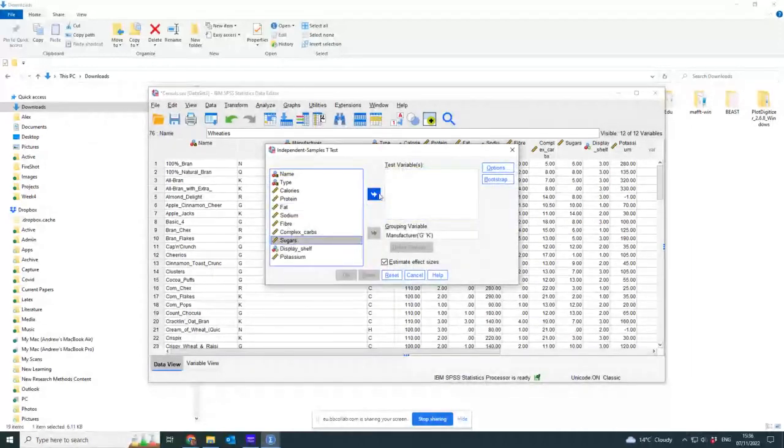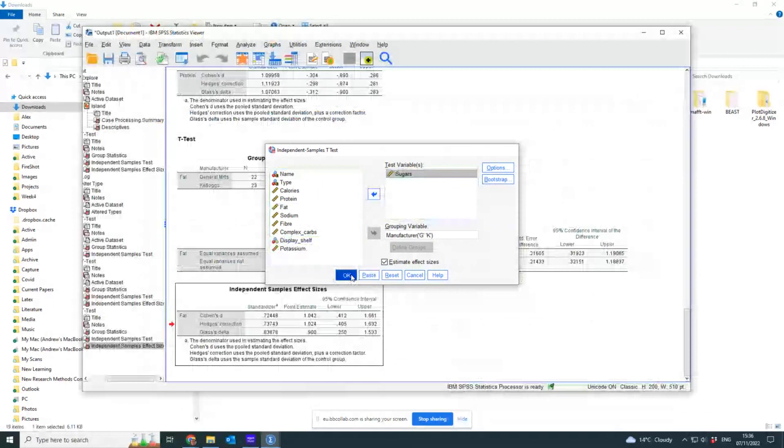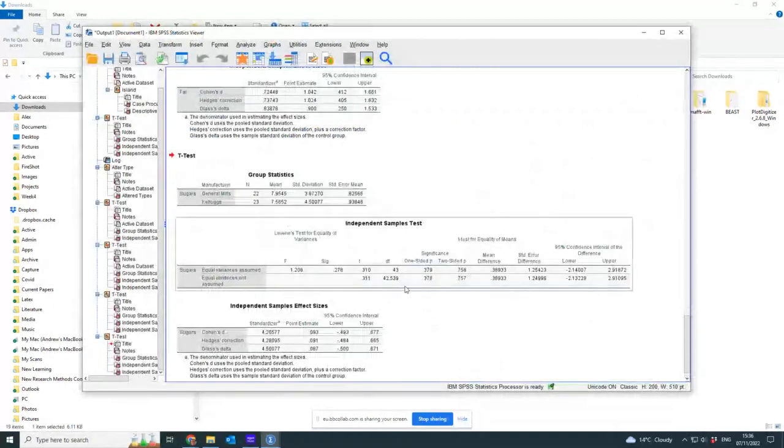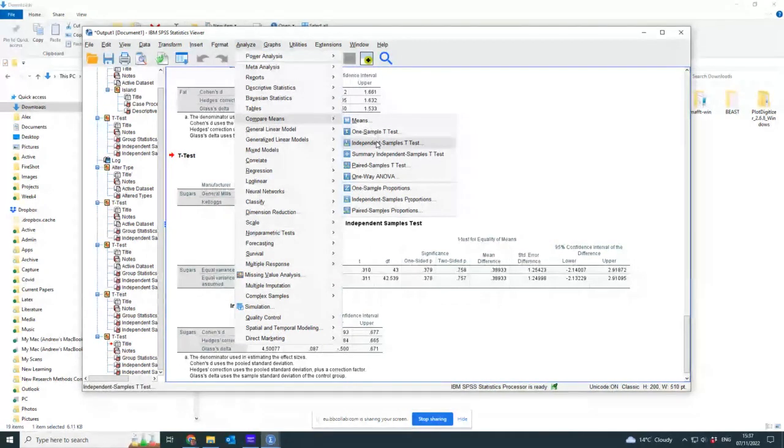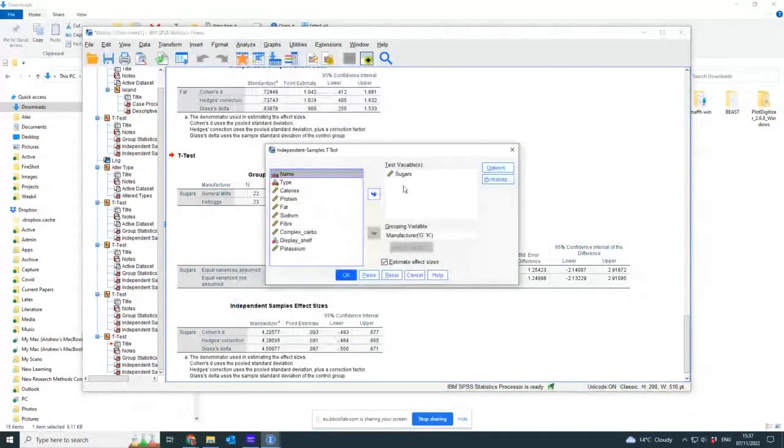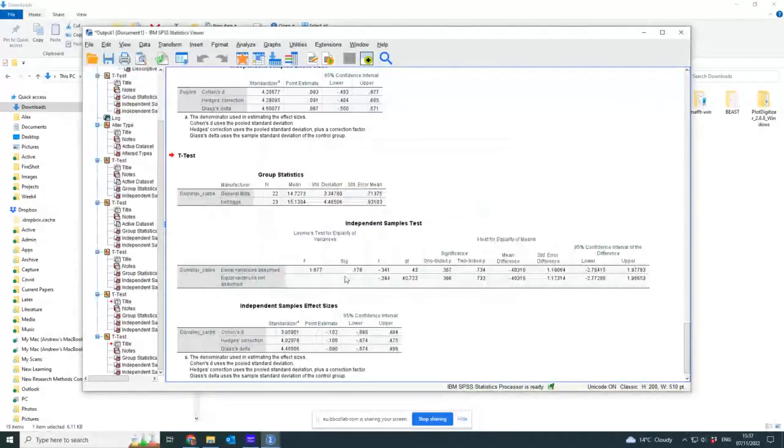So if I go for sugars, there's nothing significant between the two. And there's no difference in complex carbs either.